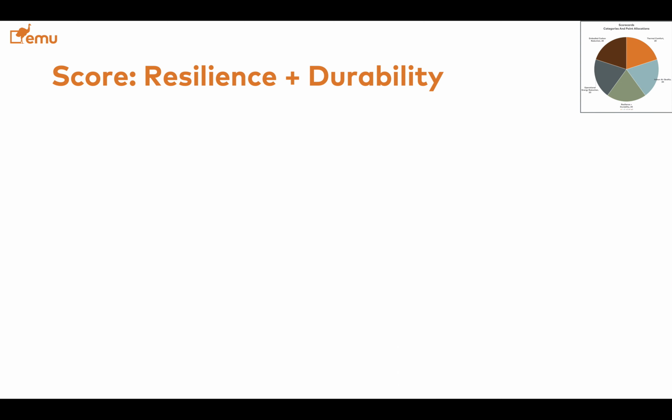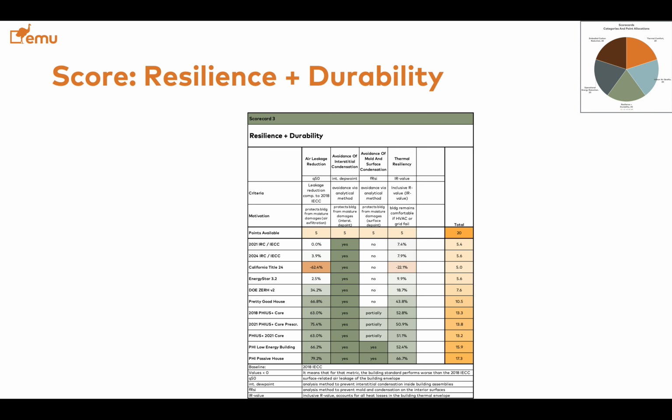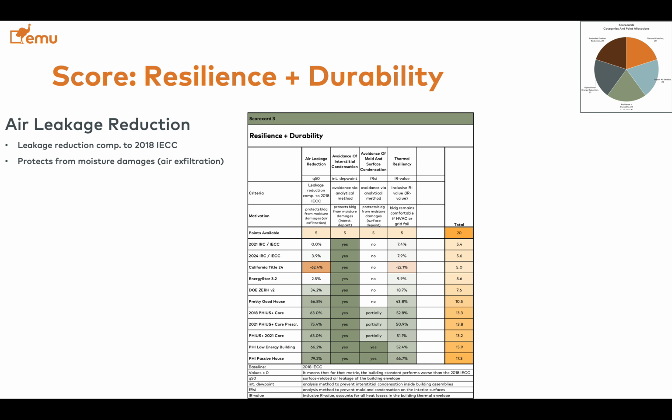Looking at the score for resilience and durability, we talked about air leakage reduction compared to the 2018 code. It protects from moisture damage, that is, air exfiltration. We looked at the avoidance of interstitial condensation, which all building standards have.